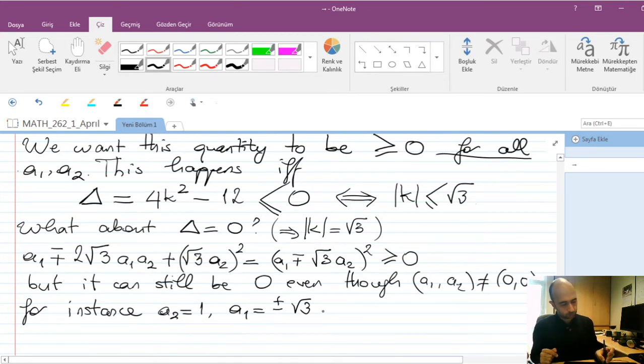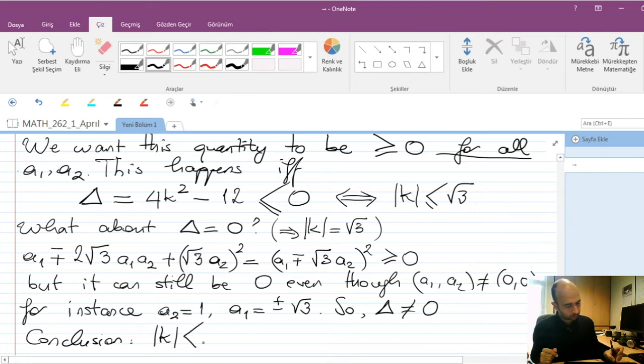So, the conclusion is delta shouldn't be 0. This is not allowed. It's only delta less than 0 which is allowed. So the conclusion is that the absolute value of k should be strictly less than square root 3.